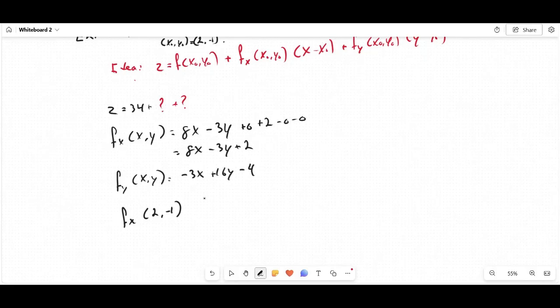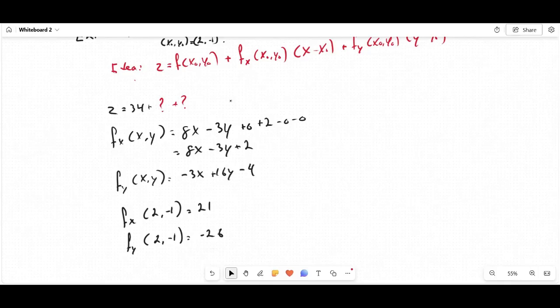If you plug 2, -1 into the first function, you will get 8 times 2 is 16 plus 3 is 19 plus 2 is 21. And then I also want to know what the derivative is in the y direction when I plug in these points. And then this is negative 6 minus 16 is negative 22. Sorry, it's negative 26.